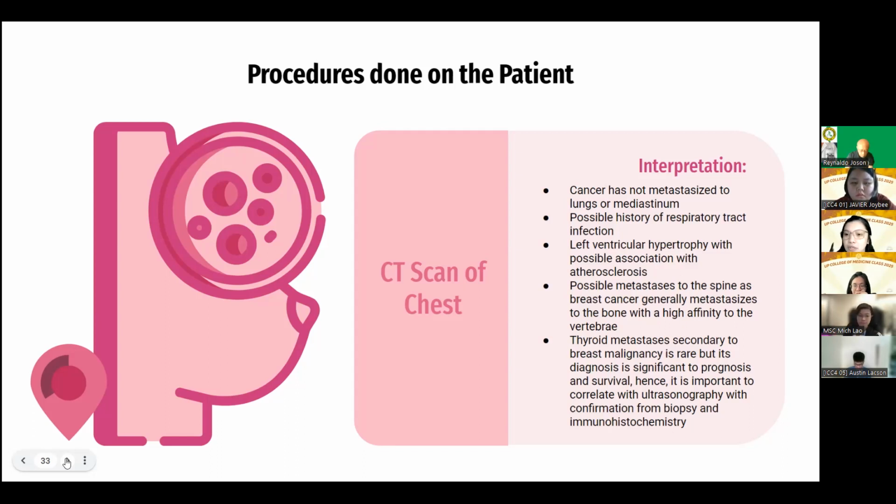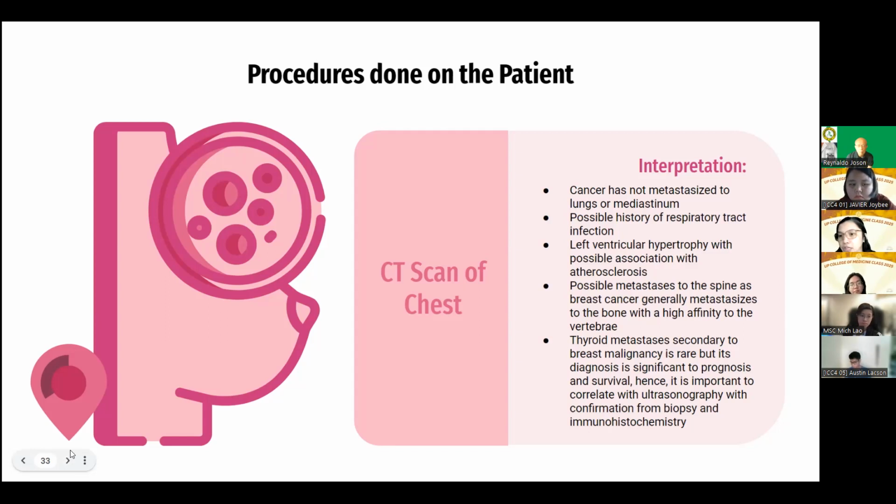And her sclerotic focus in the spine could be a possible metastasis, although she has mentioned that she's had a spinal injury before, it's also important to take note of this, since breast cancer generally metastasizes to the bone with a high affinity for the vertebra.